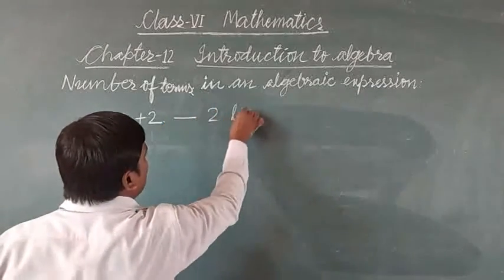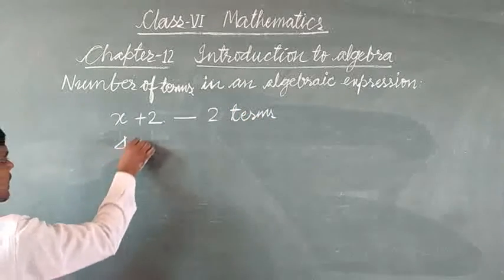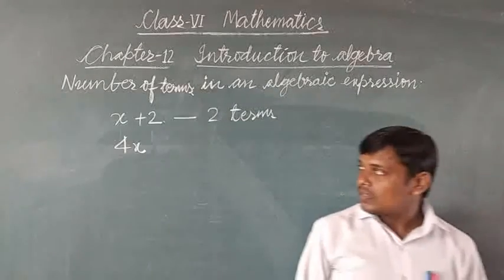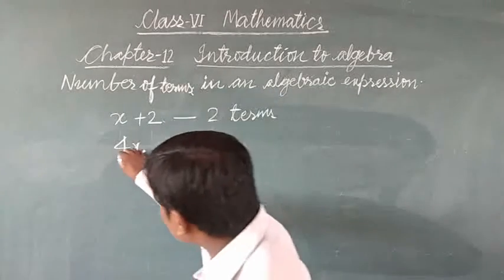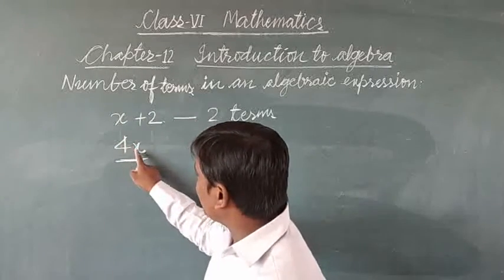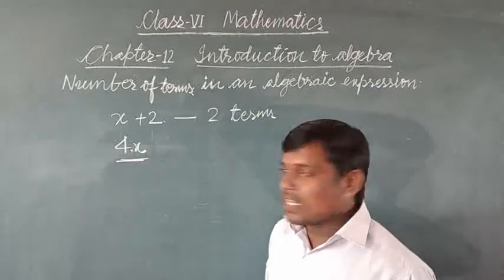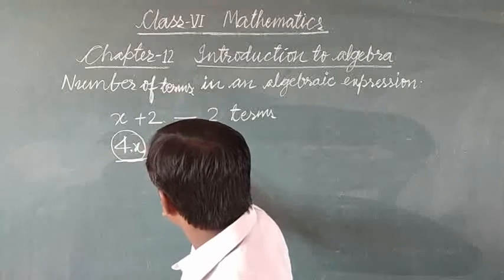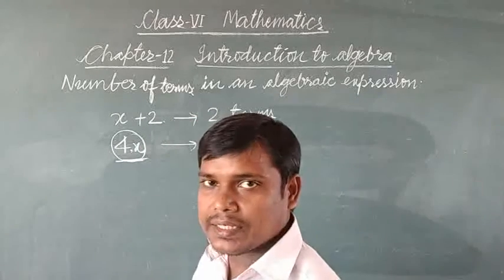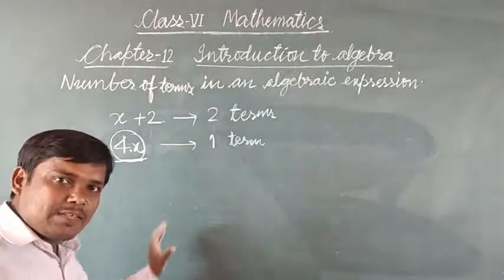Now, in 4x, this is a single term because there is no plus or minus sign between 4 and x. Here the sign is product, so 4x is a single term. What name do we give to this kind of expression?